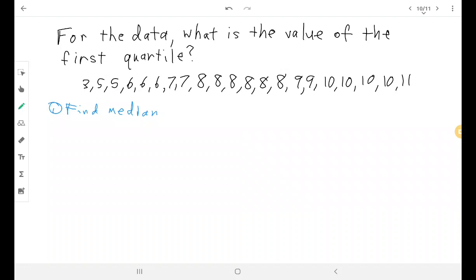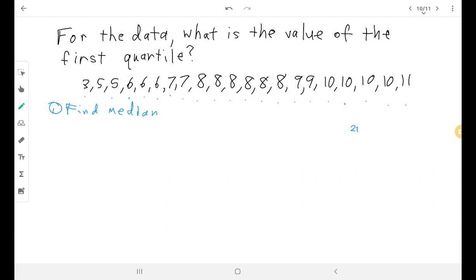That's the first step in finding Q1. So how many of these do we have? 1, 2, 3, 4, 5, 6, 7, 8, 9, 10, 11, 12, 13, 14, 15, 16, 17, 18, 19, 20, 21 of them. I'll just put that there so I don't forget.